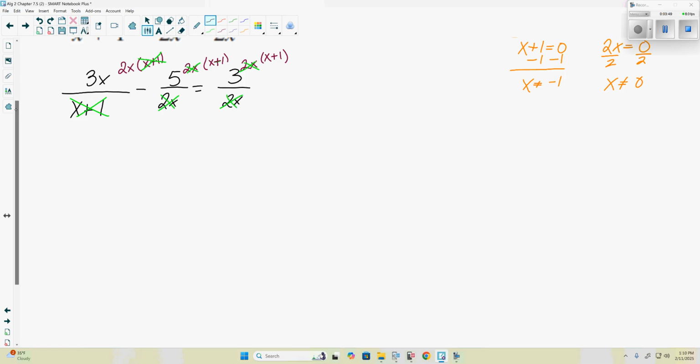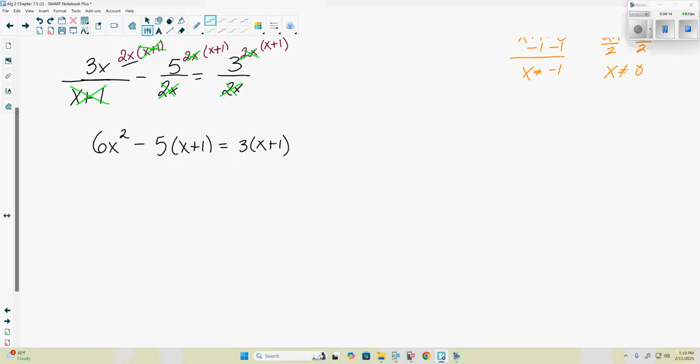Now what that leaves us in this first rational expression is 3x times 2x. Well, our 3x times 2x is going to be 6x squared. 3 times 2 is 6. x times x is x squared. Minus 5 times our x plus 1 is equal to 3 times x plus 1.